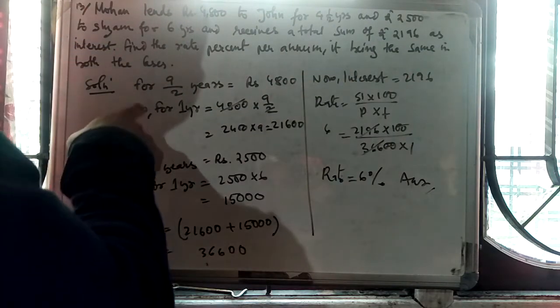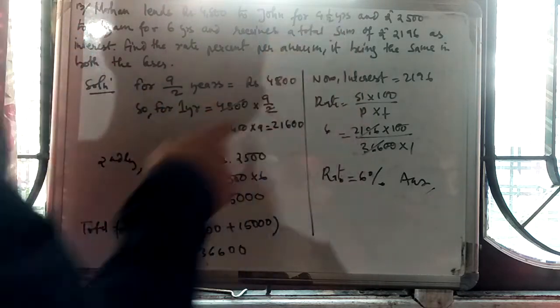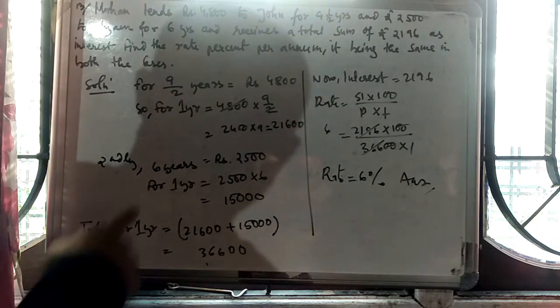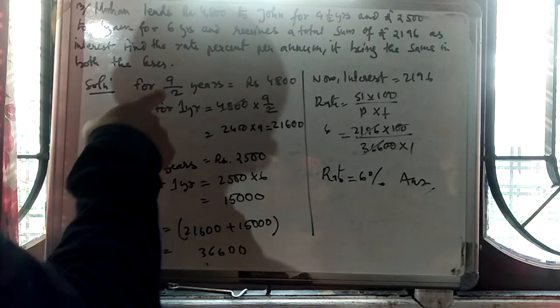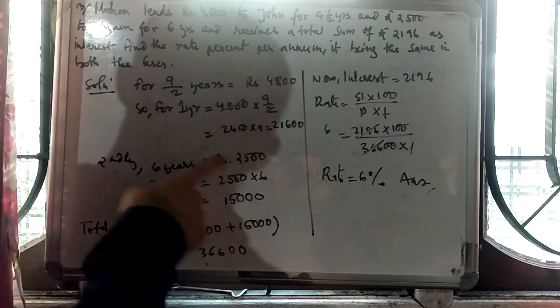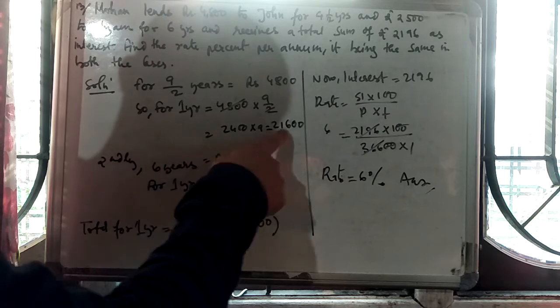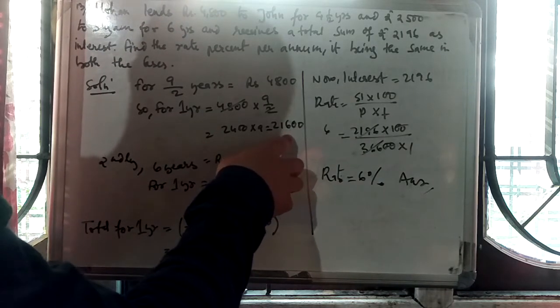So for 4.5 years, that is 9/2 years, on 4,800, for 1 year he got 21,600.